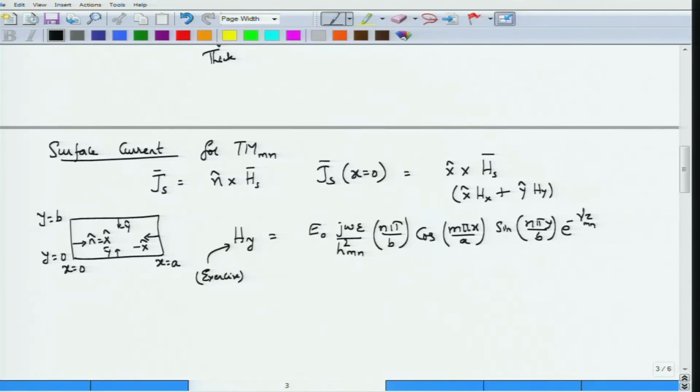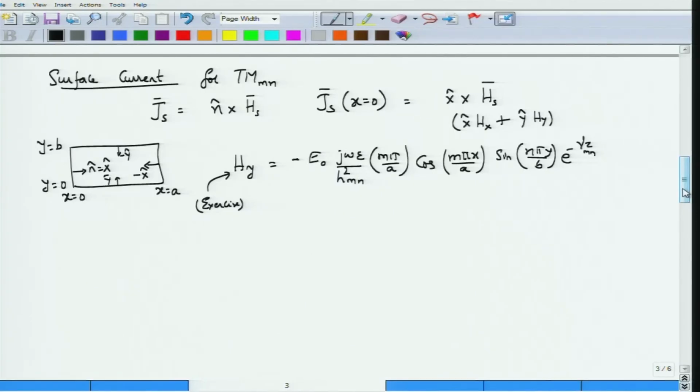Now you evaluate the phasor at x equal to 0. If you evaluate this phasor at x equal to 0, what do you get? You will have m pi by a. You can find this component from the previous method that we discussed in the previous module. Hy evaluated at x equal to 0 will give you minus E0 j omega epsilon divided by h square mn.